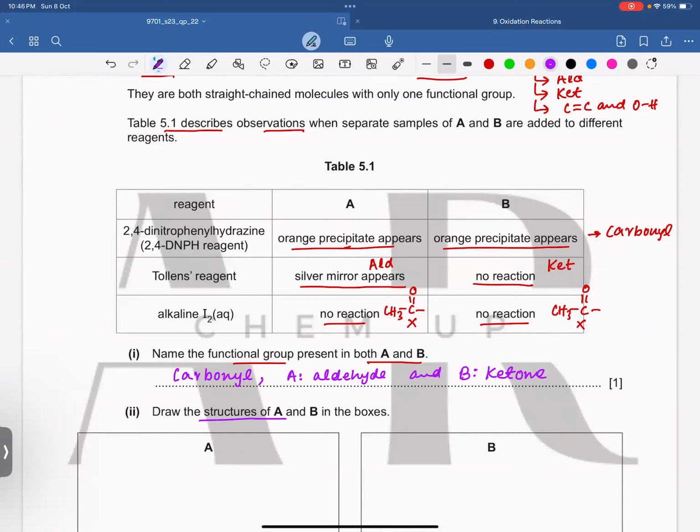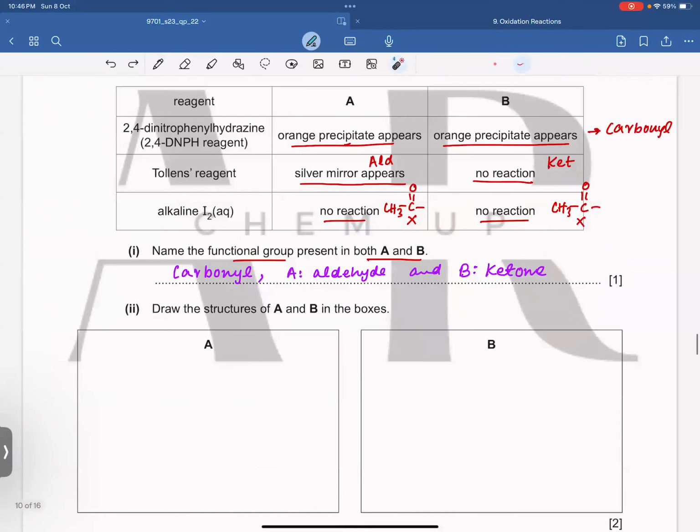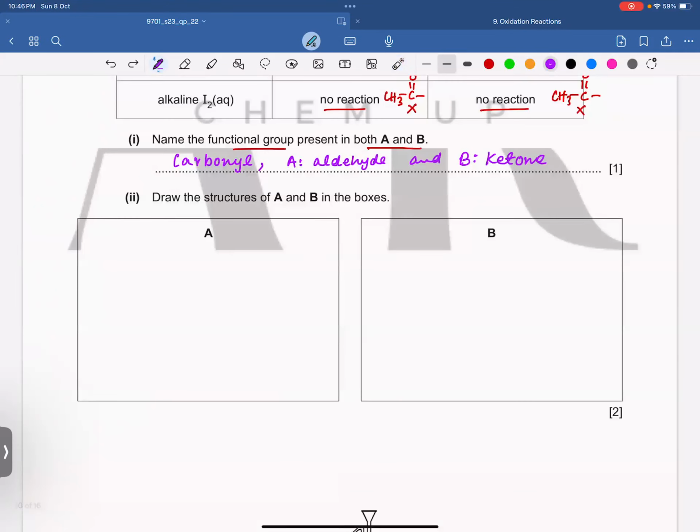Draw the structures of A and B. Now see, you have to keep this in mind that the structure doesn't have C=O on the second carbon. So if A is an aldehyde, its structure would be CH3, CH2, CH2, CH2, CHO. The formula is C5H10O, right? 4 carbons, and the fifth carbon is going to be the aldehyde.